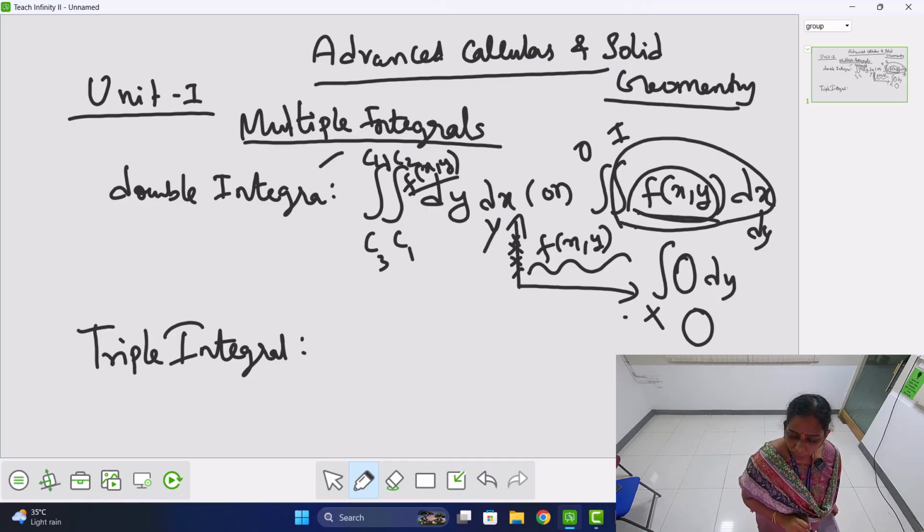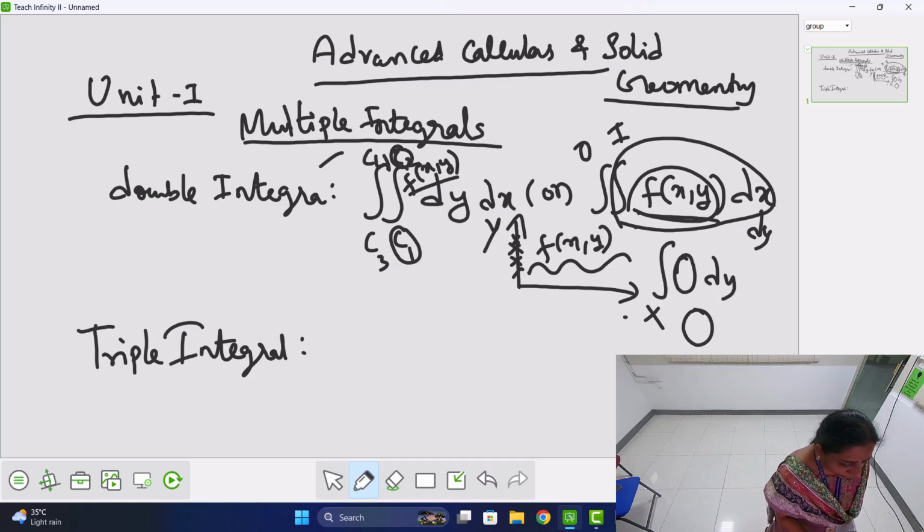Otherwise it can be variable also. For the inner integral, the lower can be constant and the upper can be variable.